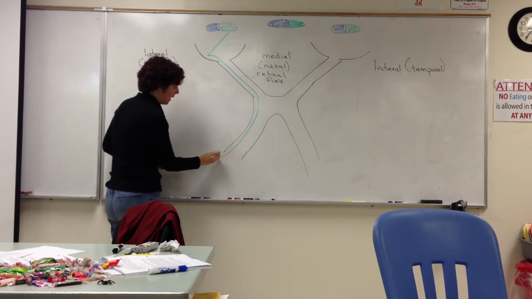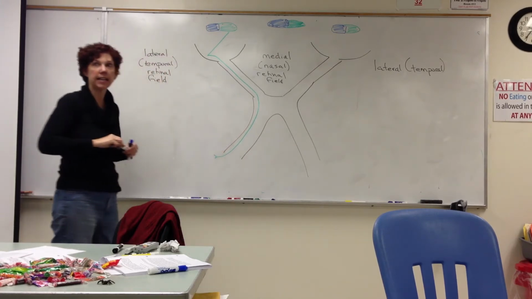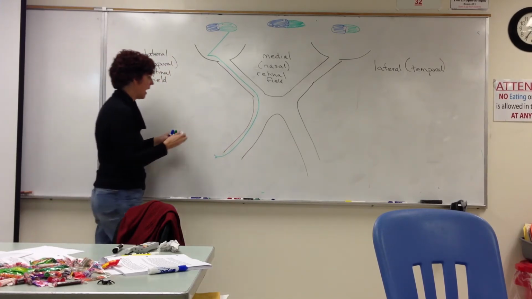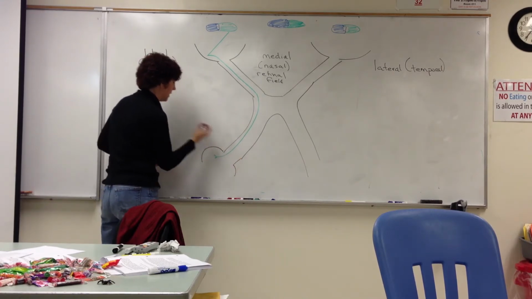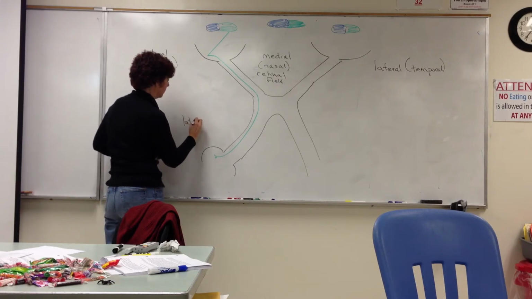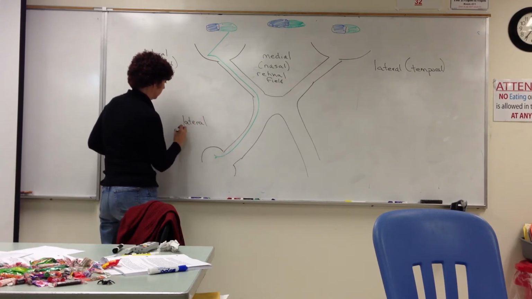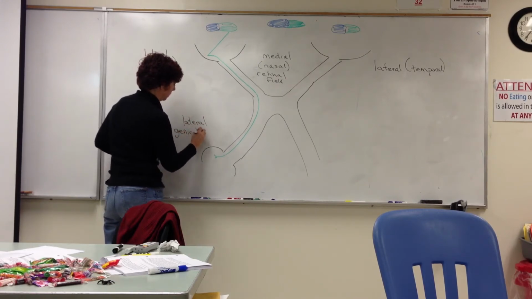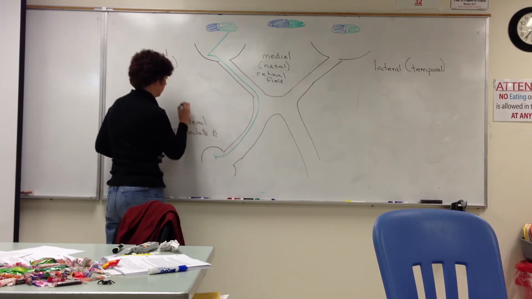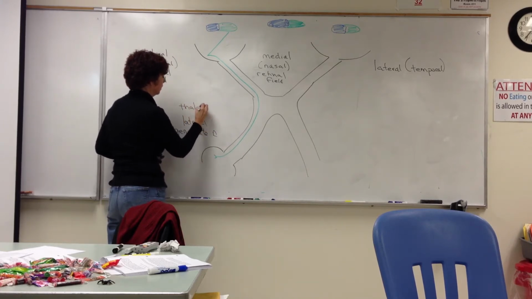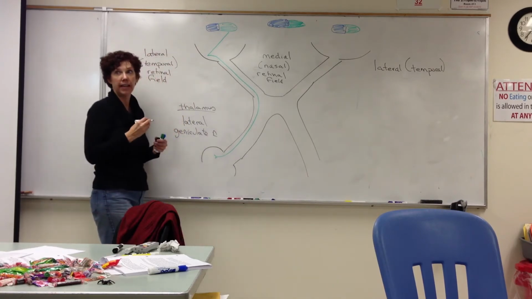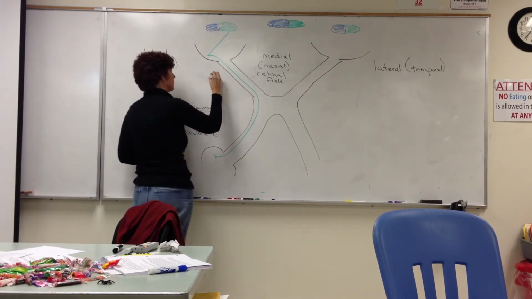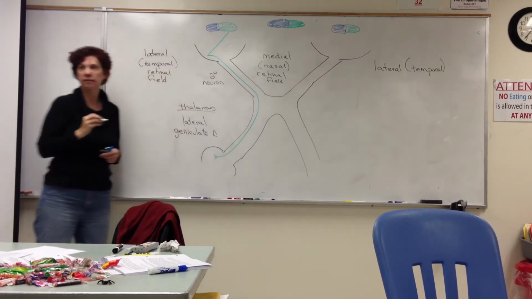And it's going to come back and synapse in what group of nuclei? The lateral nucleus of the thalamus. What was our rule? So this is actually our second order neuron, right? And what was the rule that we had for the second order neuron?